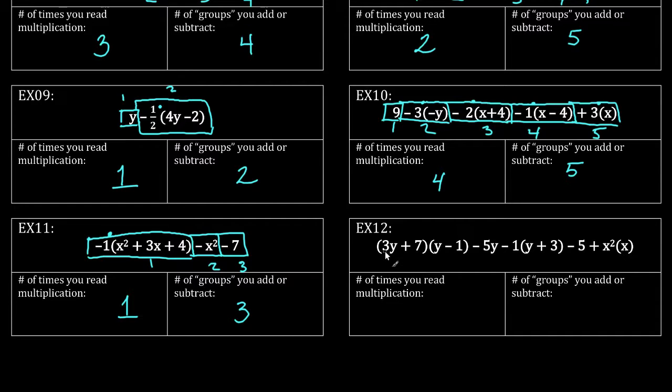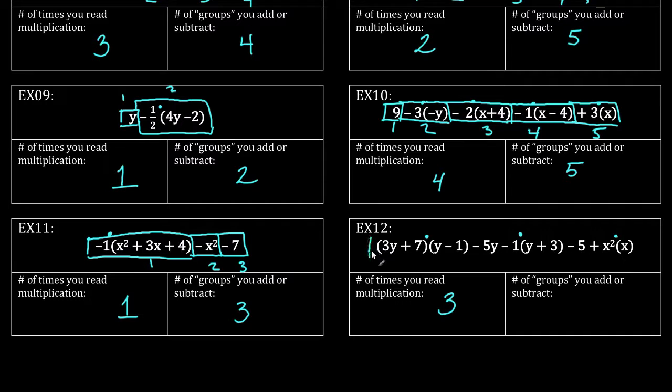Last one. 3y plus 7 times y minus 1 minus 5y minus 1 times y plus 3 minus 5 plus x squared times x. 1, 2, 3. Now let's see how many groups I'm going to add or subtract together.